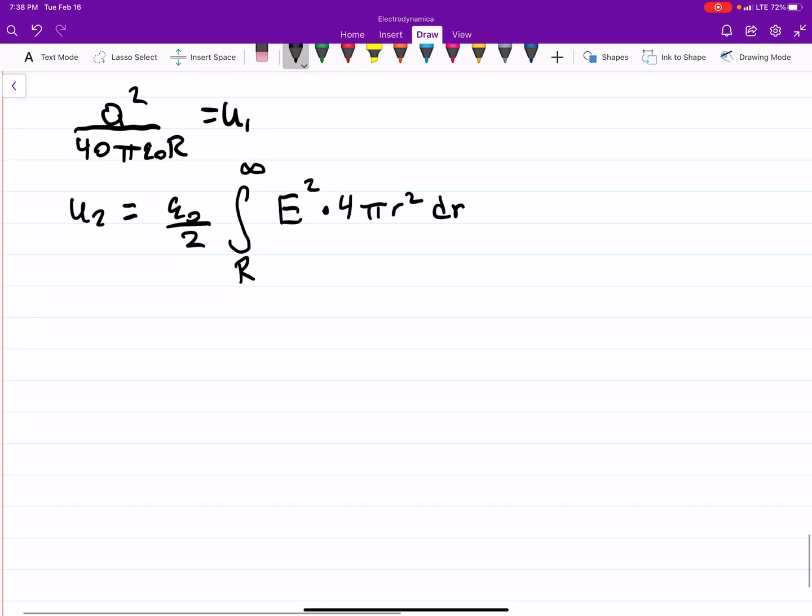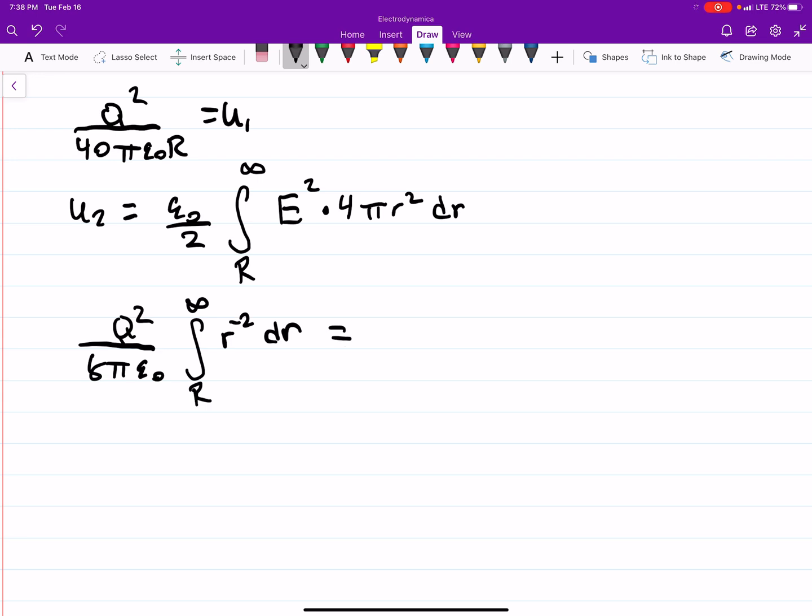And we know what E squared is, so you can plug that in, factor it out, you'll get Q squared over 8 pi epsilon naught, the integral from R to infinity of r to the negative 2 dr, which will get you Q squared over 8 pi epsilon naught times negative 1 over r evaluated from R to infinity.